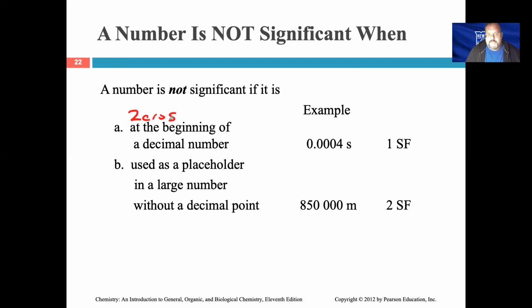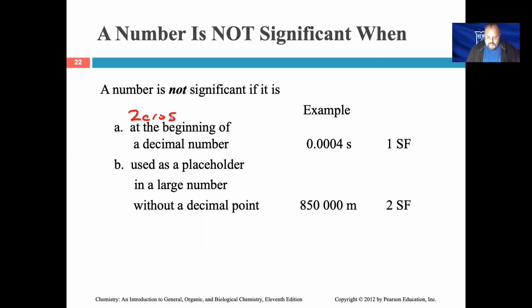For example, in 0.0004 seconds, all the zeros before the 4 would not be significant. Another way of saying letter A is that all the zeros to the left of the first non-zero digit are not significant. So here only the 4 would be significant, and therefore you'd have one significant figure.